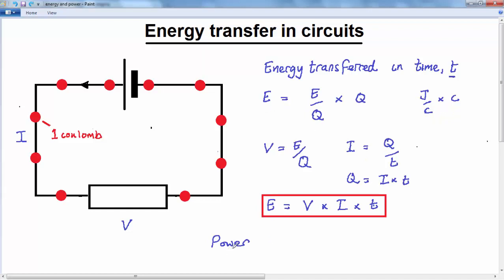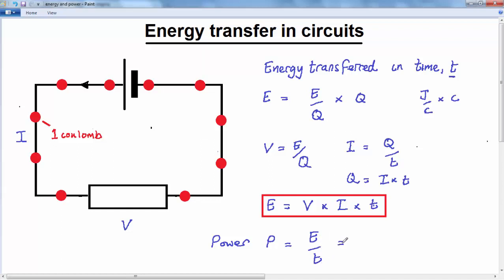Now we also remember that the power P being transformed in this resistance is equal to the energy transferred per unit time. Let's say the number of joules which have been transformed per second.